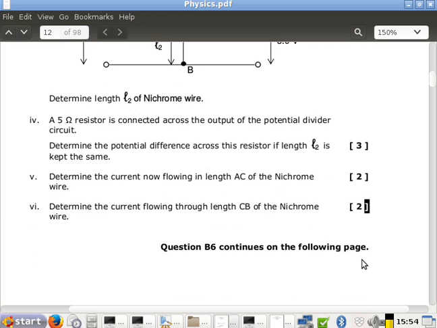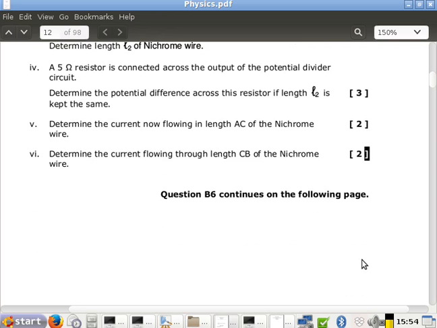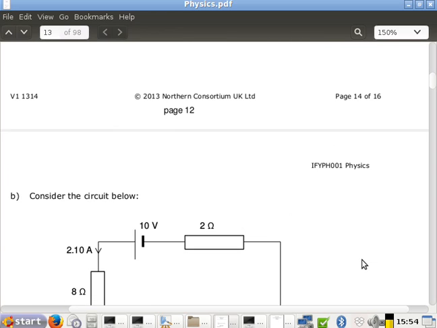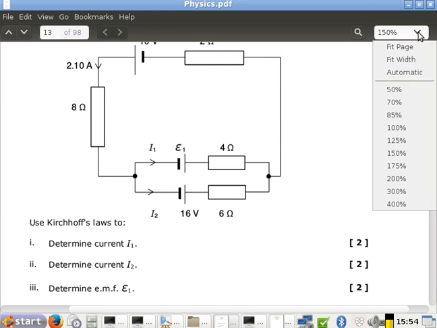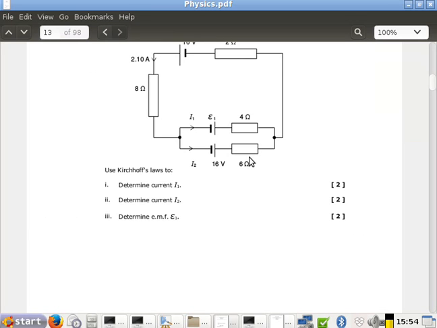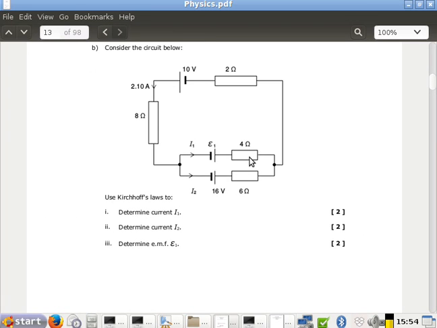So now, because we use Kirchhoff, we'll finish this, and now we're on to this question, which, look what this is. If I zoom out a little bit, this is a Kirchhoff question. They want I1, I2, and E. So how many junctions here?